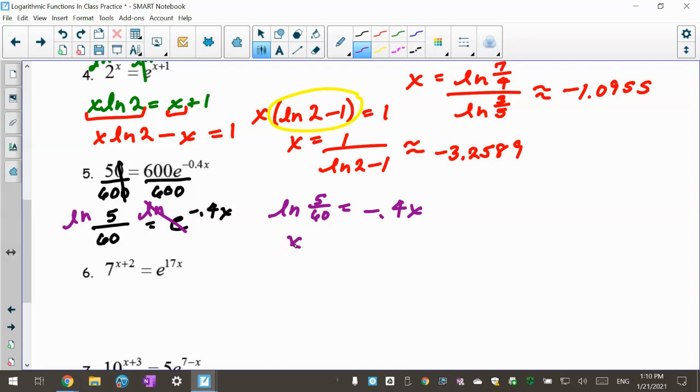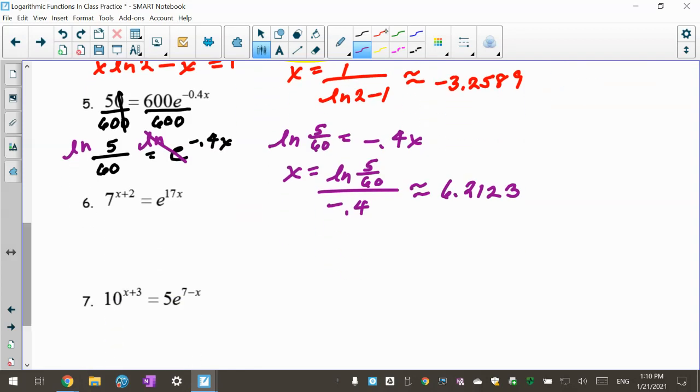So I have x equals the natural log of 5 over 60 divided by negative 0.4. So now I have x to be, when I plug this in my calculator, 6.2123.